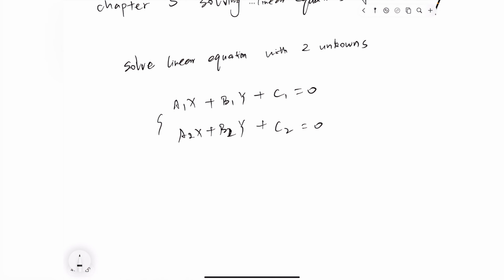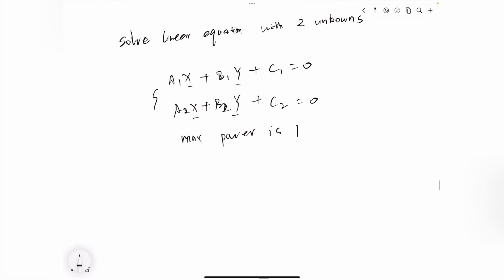Something like this is linear because the max power is 1. And we have two unknowns, x and y.